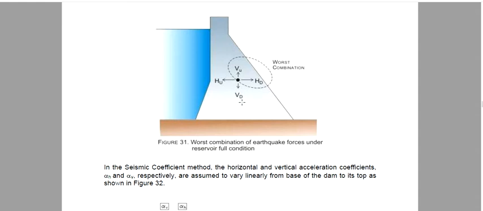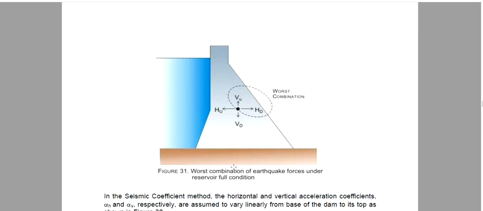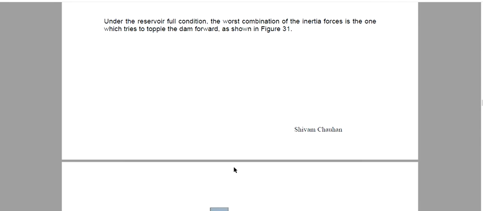So this is your worst combination: vertical upward forces and horizontal downstream forces, which are going to move the dam in the upstream direction, or these are going to topple the dam in the forward direction.